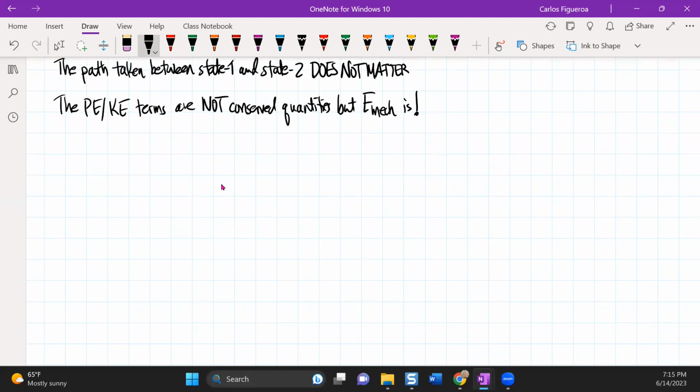In other words, potential energy and kinetic energy must adjust themselves to keep E mechanical equal to a constant.